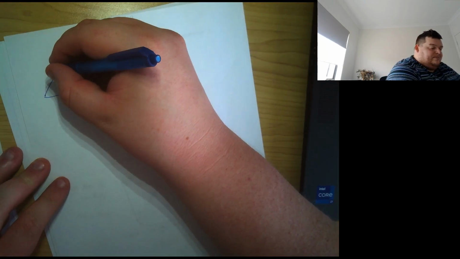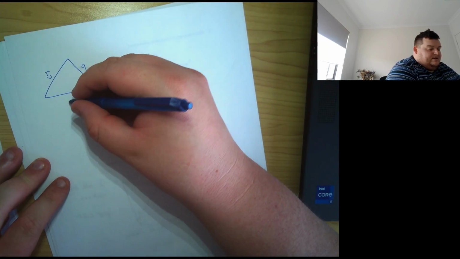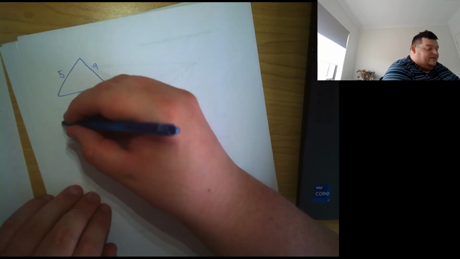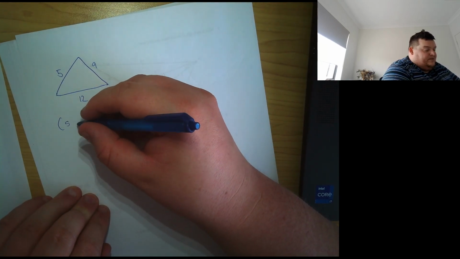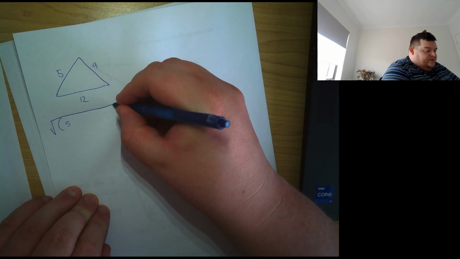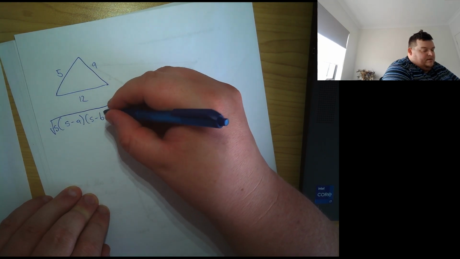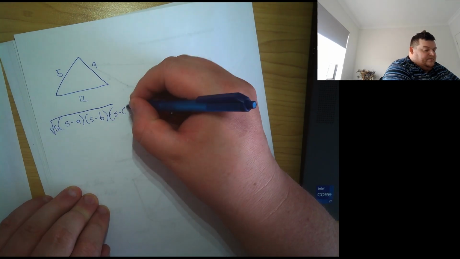Let's say 5, 9, 12. Okay, Heron's formula, let's try that one more time. It's the square root of S times (S minus A), (S minus B), (S minus C).